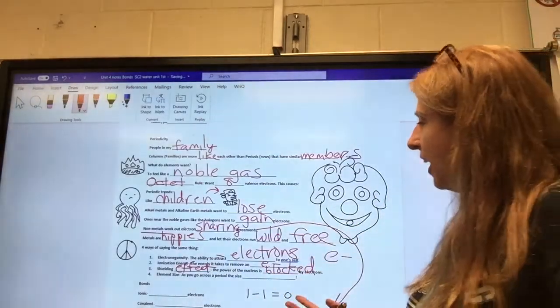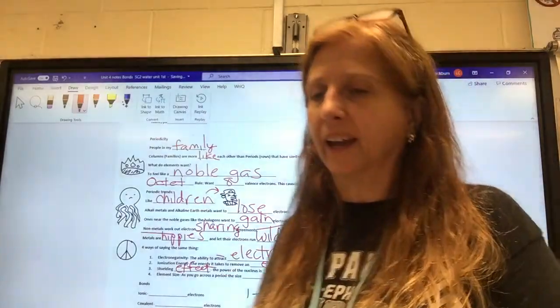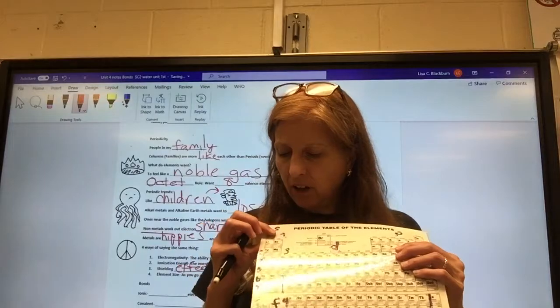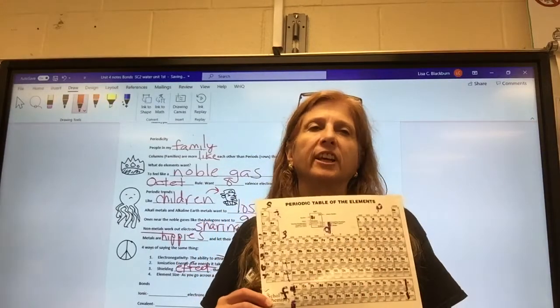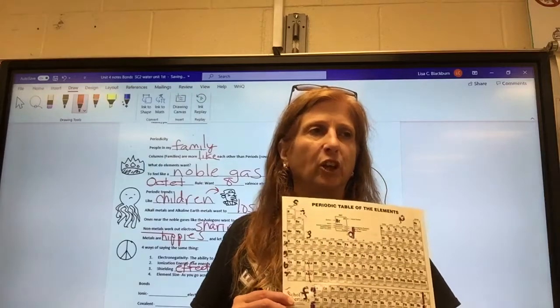And then element size, and this is the weird one, okay? As you go down a column, the atoms get bigger in every single column. Does that make sense to you?